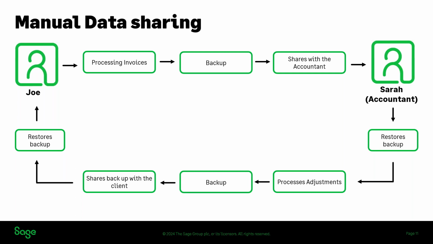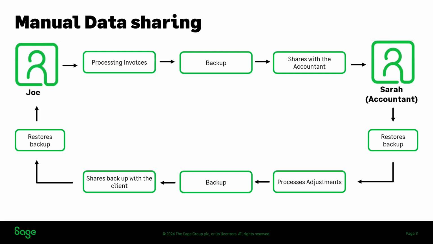Sarah then would restore the backup into her own software and process the relevant adjustments. Whilst Sarah's doing the adjustments, Joe would not be able to process in the software, as when he gets that backup from Sarah, it will just overwrite his current data. Using remote data access allows you to work concurrently without that back and forth of one processing then the other.